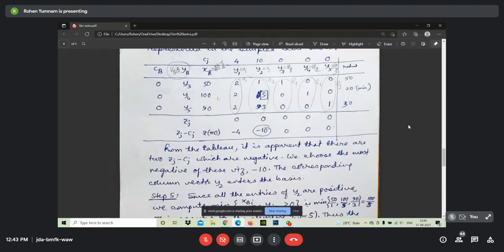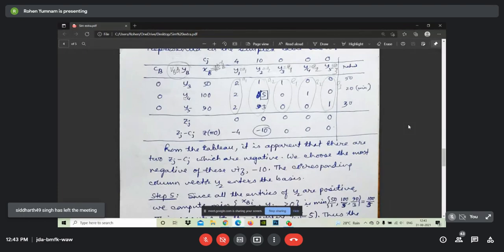Take the ratio of 100 and 5. Take the ratio of 90 and 3. That ratio will be 50, 20, 30. It can be written here as ratio. From this ratio, you have to take the minimum. Minimum is 20. That means 20 is this row, the second row. Second row is y4. Then y2 will replace y4.